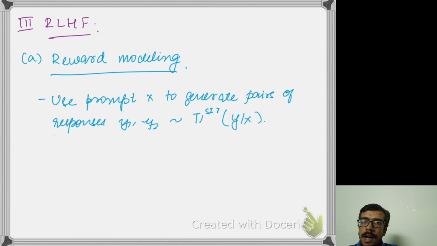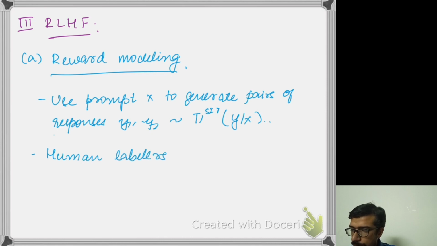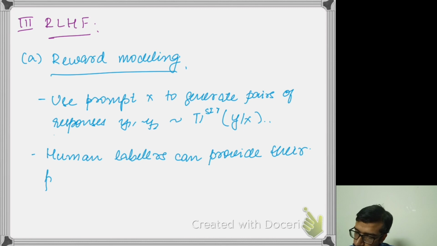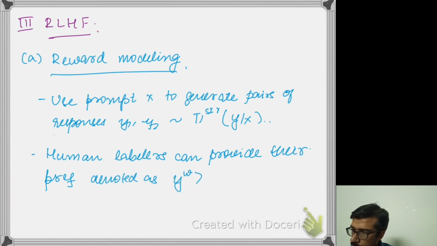Okay. And human labelers can now annotate these and provide their inputs on which of these is better given the prompt x. So human labelers can provide their preferences denoted as y win greater than y lose given x.